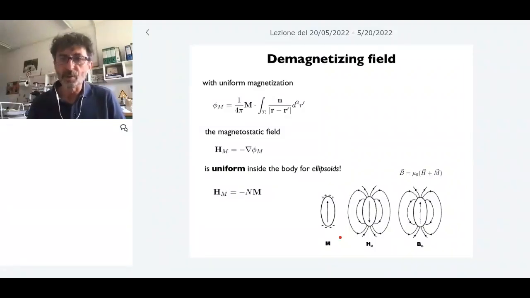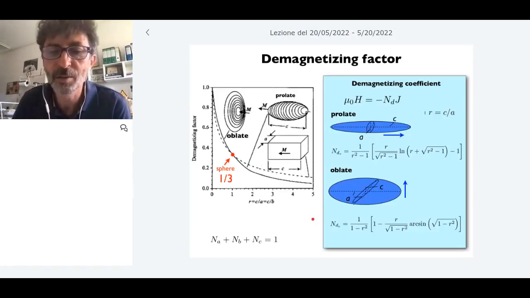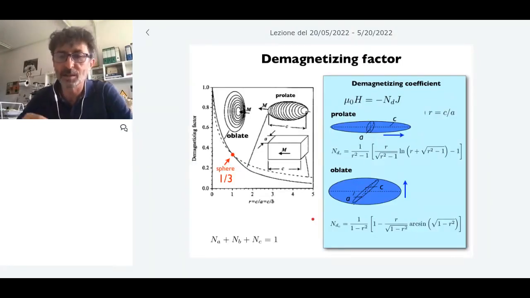If it is uniform, as the magnetization is also uniform, the relation between the demagnetizing field and the magnetization is a number, or better, a tensor, because it will depend on the direction of the magnetization. This number N is called the demagnetizing coefficient, corresponding to a certain ellipsoid. The demagnetizing coefficients are something extremely important in magnetism.